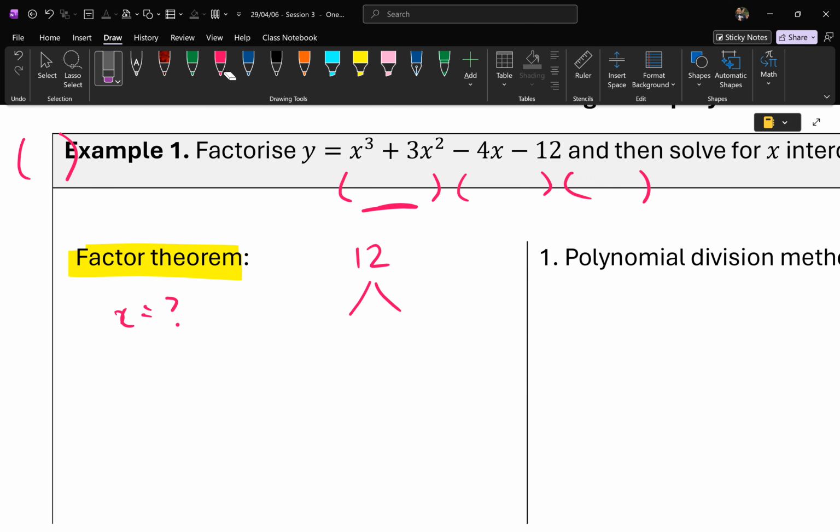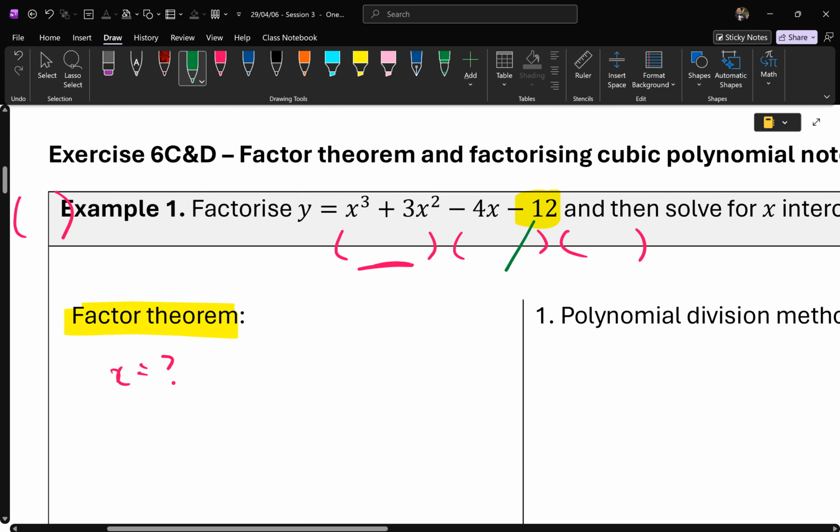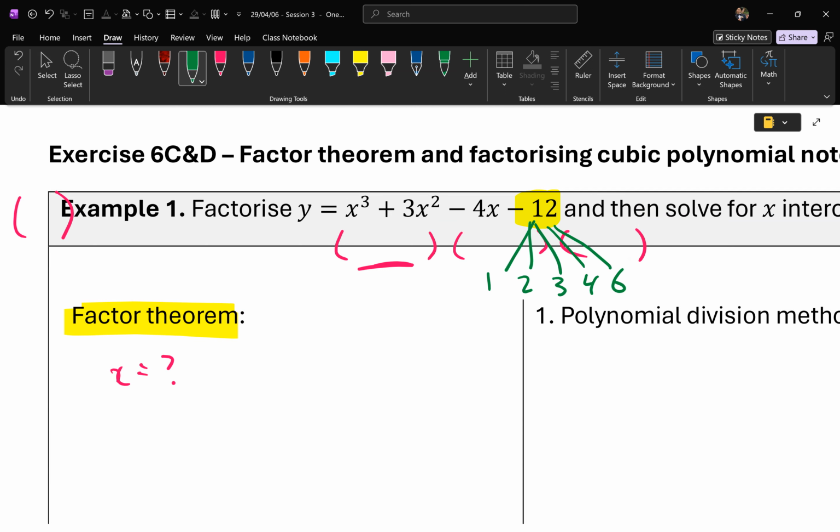So the question is, what number do you sub in for x to get 0? The hint from the factor theorem is you use the last number, 12. So let's break it apart. Factors of 12, we have 1, 2, 3, 4, 6, 12. These are the numbers you're going to test.